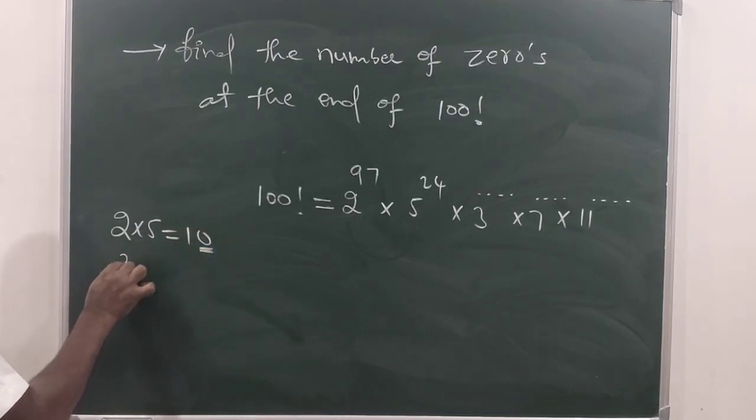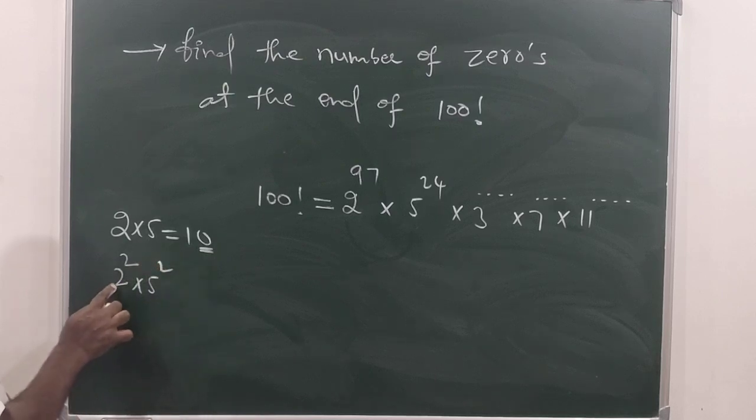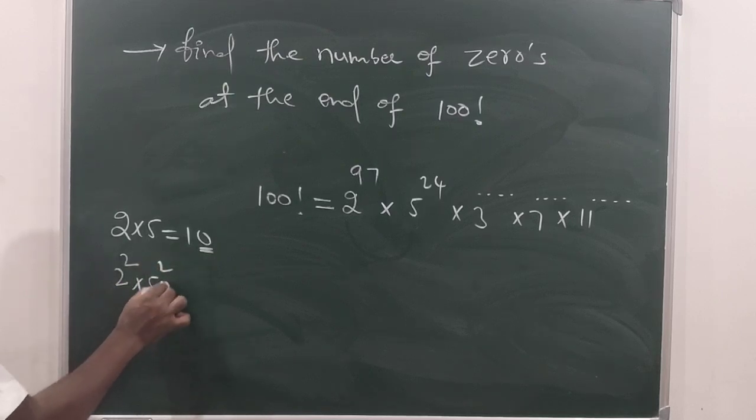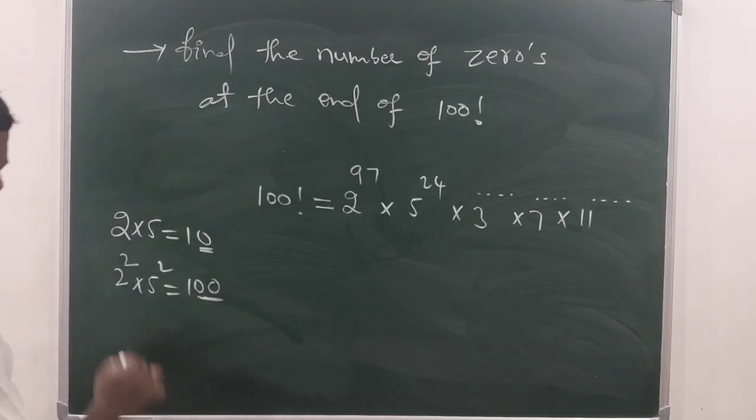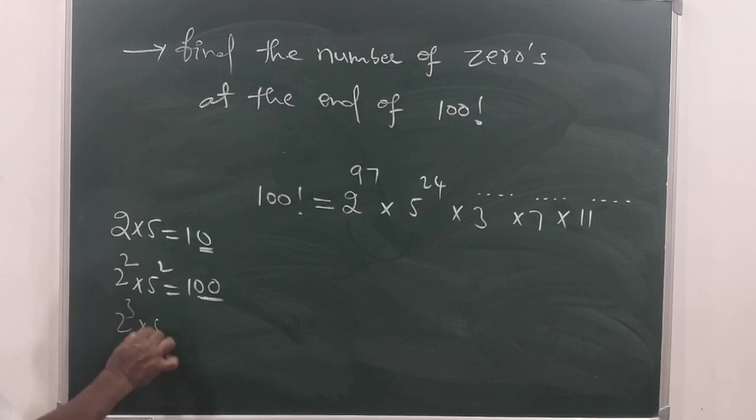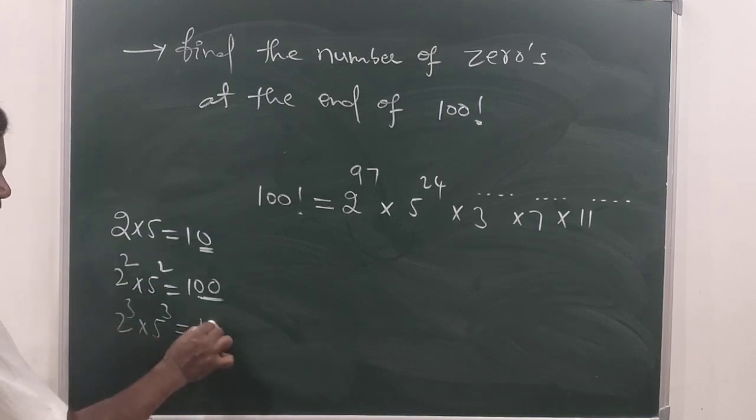If you take 2 square and 5 square, two 2s and two 5s, the simplification is 100, ending with 2 zeros. If you take 2 cube and 5 cube, 5 cube is 125, 2 cube is 8, and 125 times 8 is 1000.